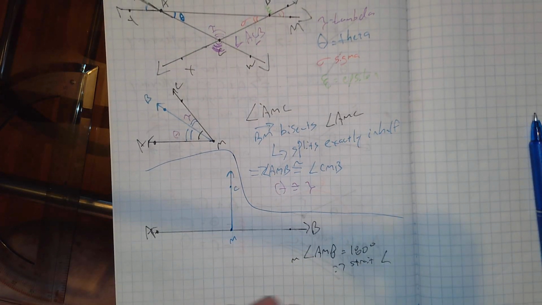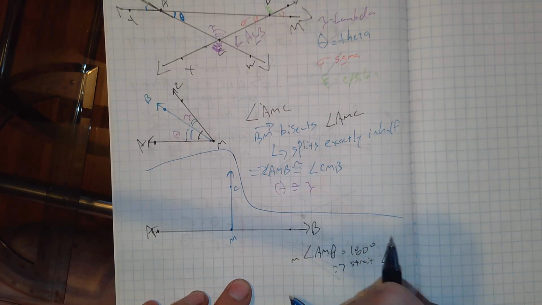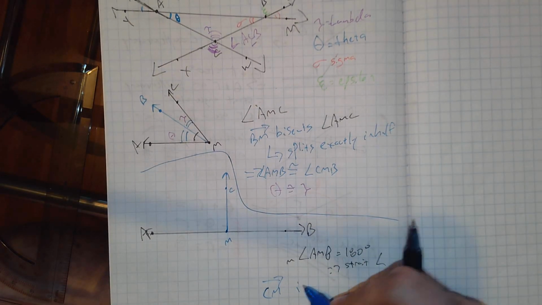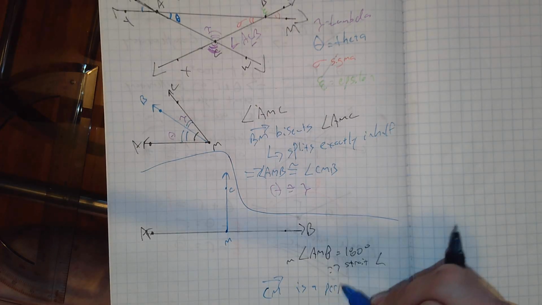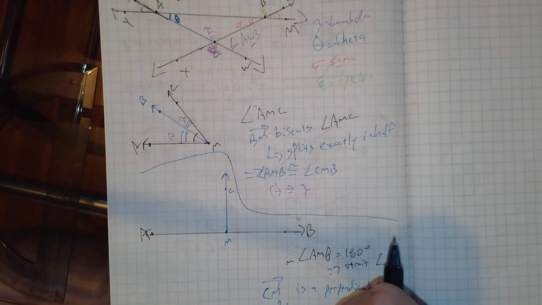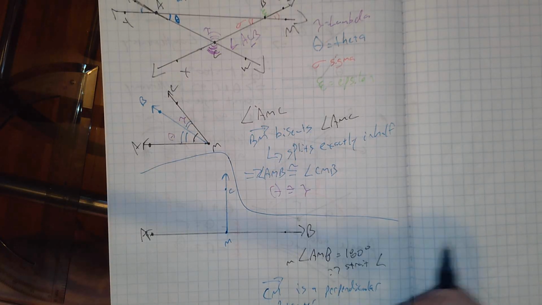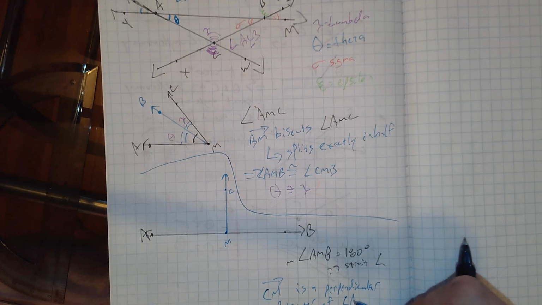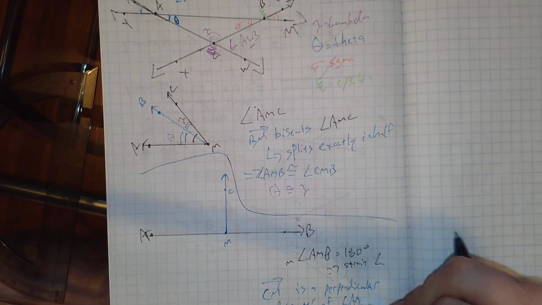You already know that. But we're also going to say that ray CM is a perpendicular bisector of angle AMB.